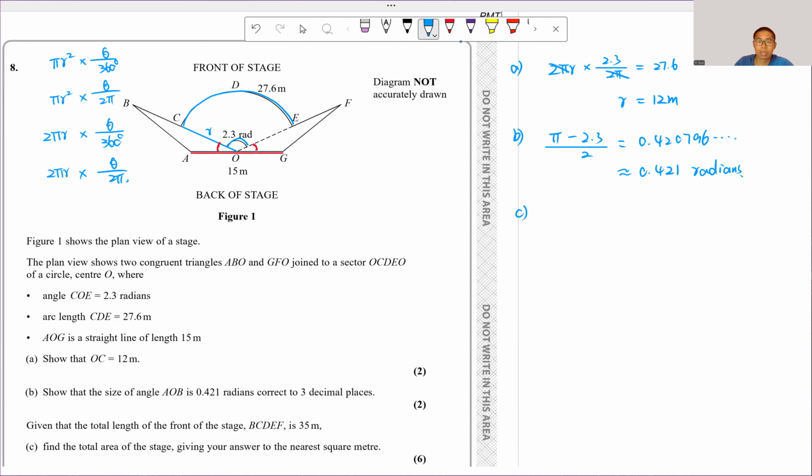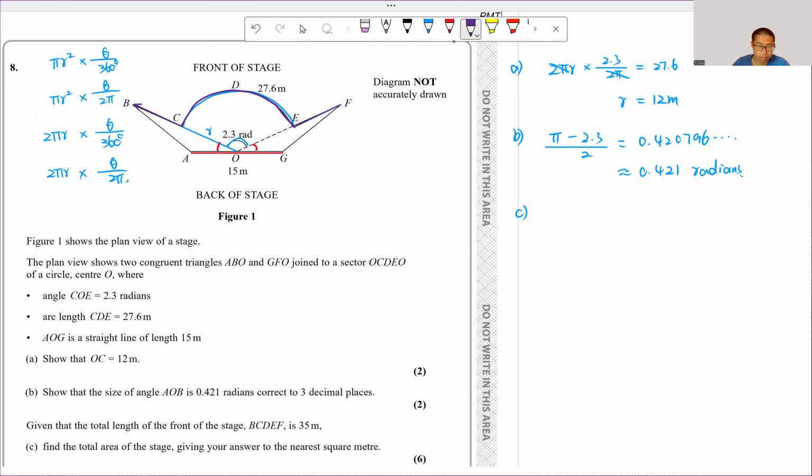Okay, let's have a look at question C. Given that the total length of the front of the stage B, C, D, E, F is 35 meters. Okay, they say B, C, and then D, E, and F, all this in total is 35 meters. And we already know arc length CDE is 27.6.